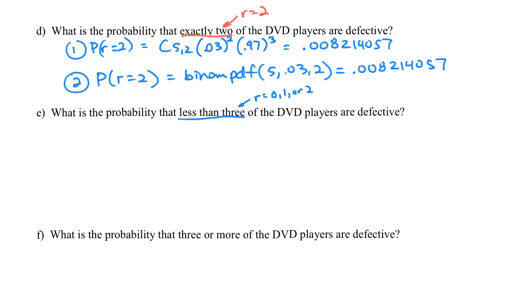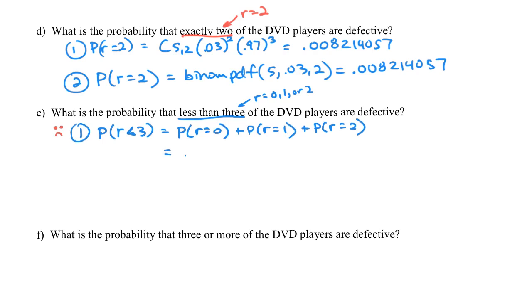So first I'm going to show you a bad way to do this. Doing it this way would probably make you very sad. This would be to say, the probability that R is less than 3 is equal to the probability that R equals 0 plus the probability that R equals 1 plus the probability that R equals 2. And we'd have to figure all those out and add them up, which we did.